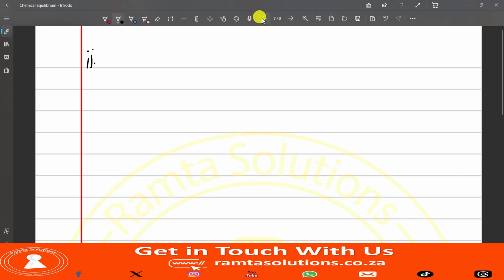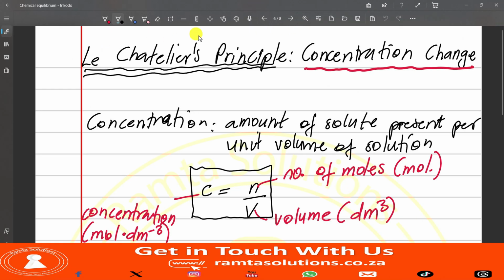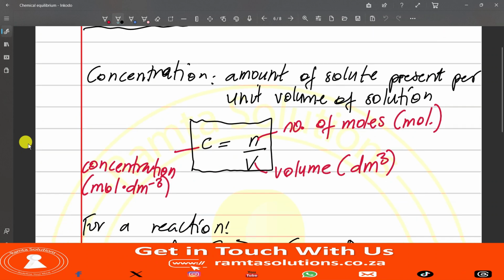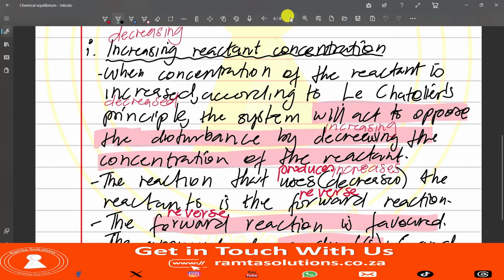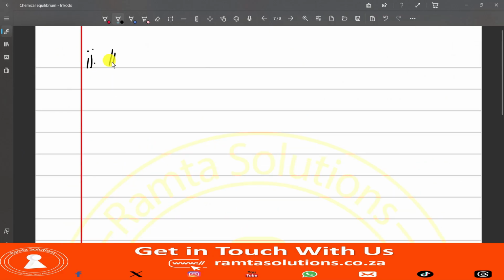Hold on. Did I use Roman figure 1 in the previous? Oh, yes, I used Roman figure 1. Okay. So now let's see. Increasing product concentration.